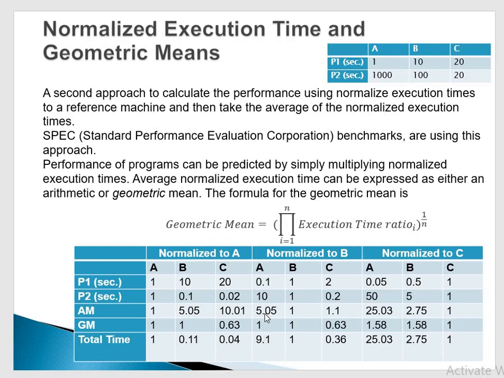So whenever we have to find the performance by using the normalized execution time, in which we find the geometric means using the normalized execution time, and evaluate the performance of one unknown computer with reference to a known computer, then we can evaluate the performance with this method.